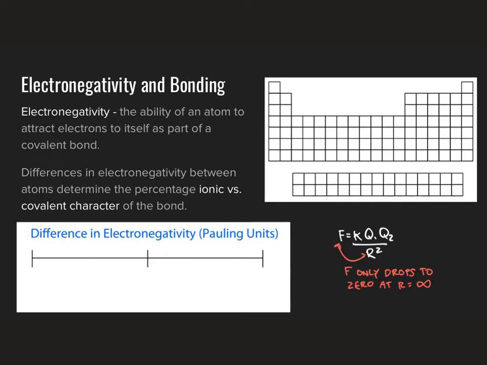So what would the most ionic bond possible be? Well, if we think about our scale of electronegativity, recall that the most electronegative element on the whole table, that is the best atom at attracting electrons to itself, was fluorine in the upper right-hand corner there with an electronegativity of 3.98 Pauling units.